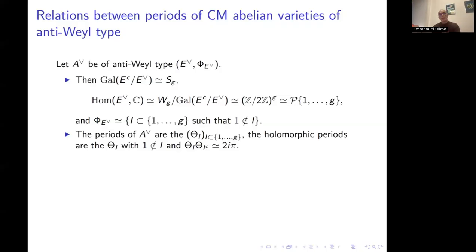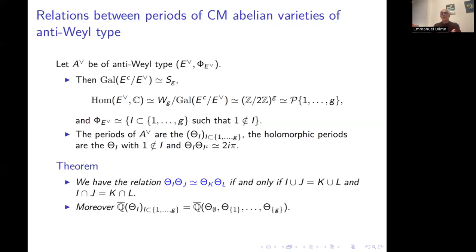And so the periods, the holomorphic periods of HH are indexed by the subsets of 1 to G, and the holomorphic periods of HH are theta I with 1 not in I, and you always have these relations that theta I times theta I complementary is 2 i pi. So the statement in this case is quite a nice combinatoric.